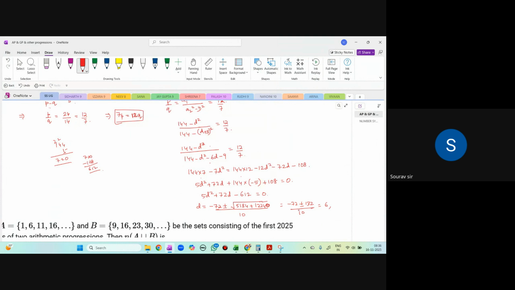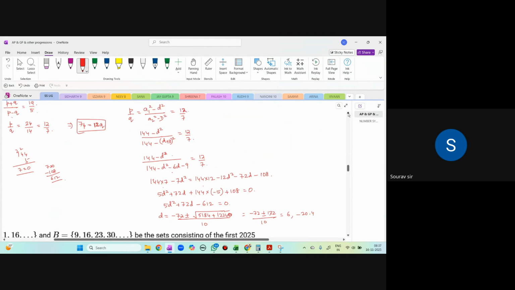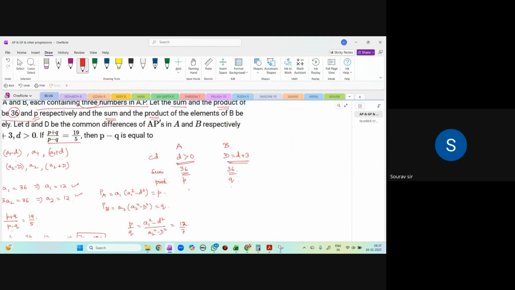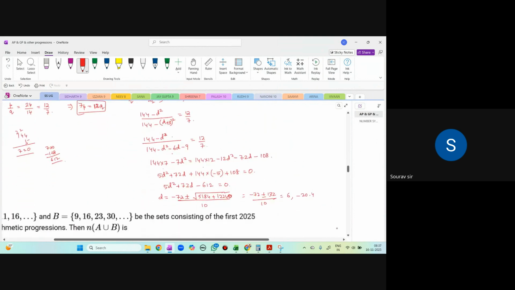And the other one is minus 204 by 10, which is minus 20.4. It is given to be positive, so you discard the negative one. So this is your value of D.